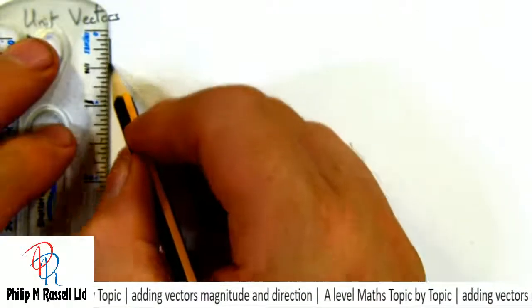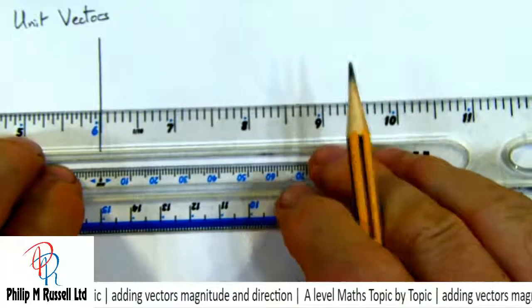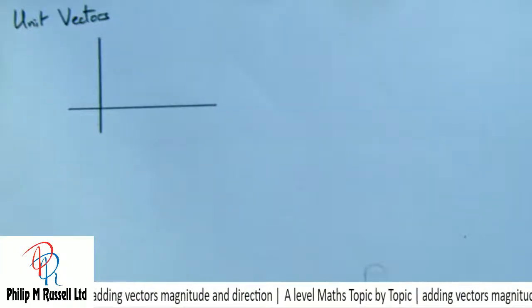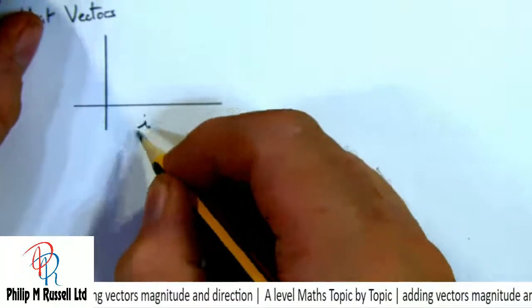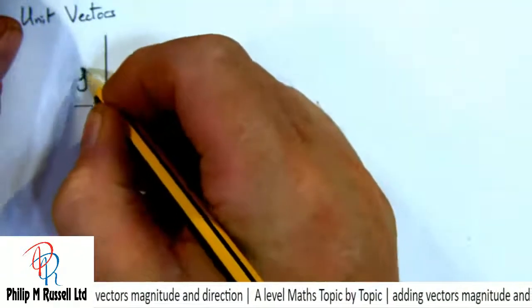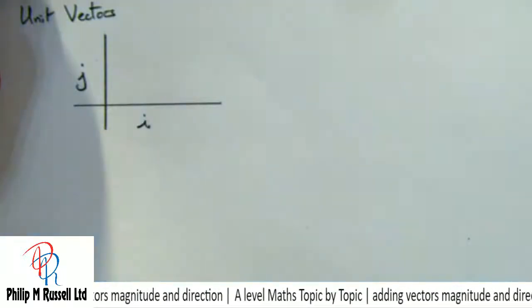Here we've got a simple graph, and we're going to call this one i and this one j.